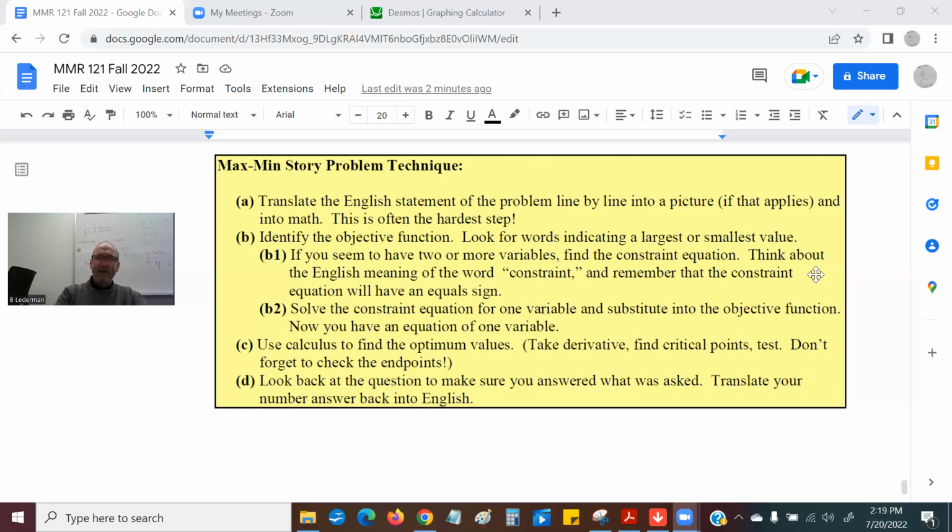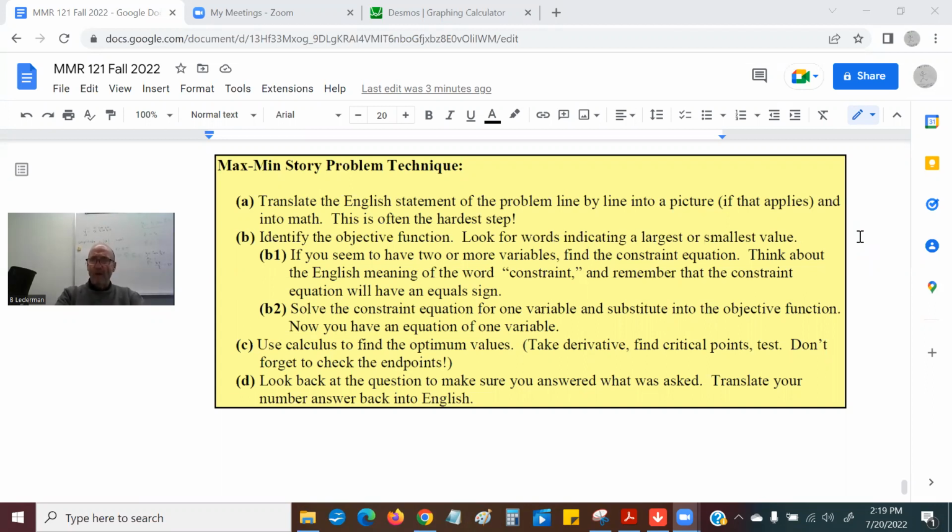And we're going to solve. Now in the example that we just did previously, xy equals 600 was the constraint equation, and 14x plus 21y, I think that's what it was, the cost equation, was the objective equation.